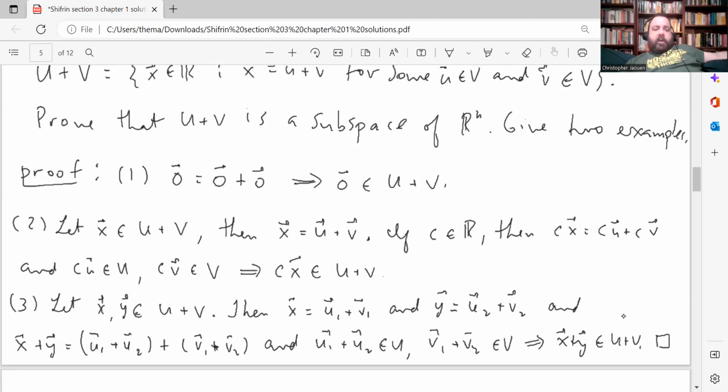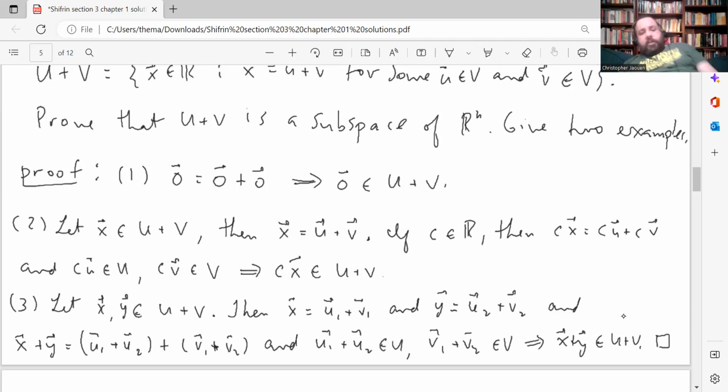And similar thing for vector addition. Let x, y be elements of U plus V. Then that means that x is u1 plus v1, and y is u2 plus v2 for some u1, u2 in the subspace U, and some v1, v2 in the subspace V. And if you take the sum x plus y, that's equal to u1 plus v1 plus u2 plus v2, and vector addition is commutative, so you can rearrange things, and that gives you u1 plus u2 plus v1 plus v2.